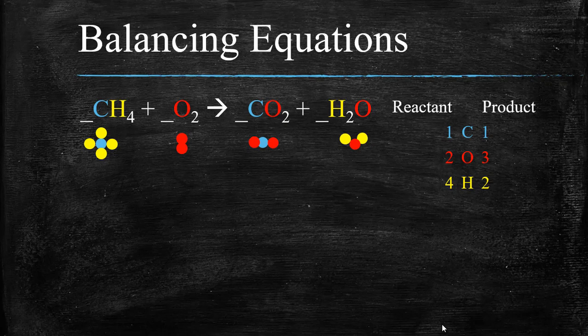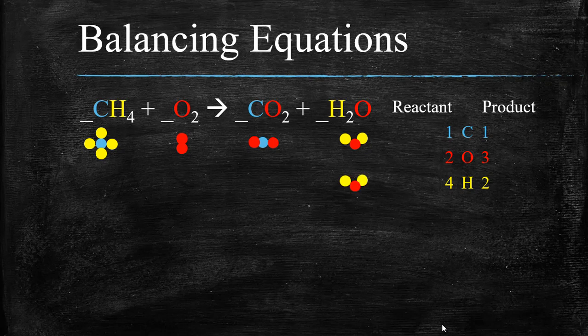Now what we need to do is balance this, and so we're going to pick an element to balance. The carbon is already balanced, and the oxygen is by itself, so it's the easiest thing to balance. So we'll actually start with the hydrogen. I have 4 on my reactant side. I need 4 on my product side, which means I need 2 more, which means I need to add another water because all the hydrogen on the product side is due to water.